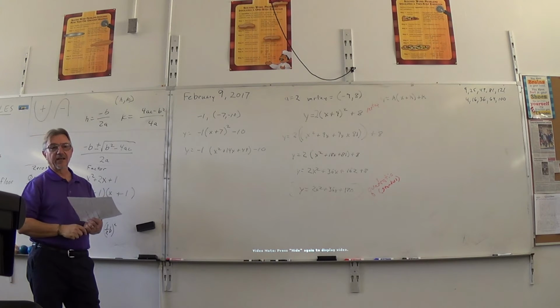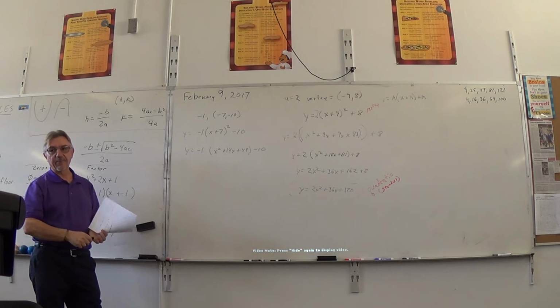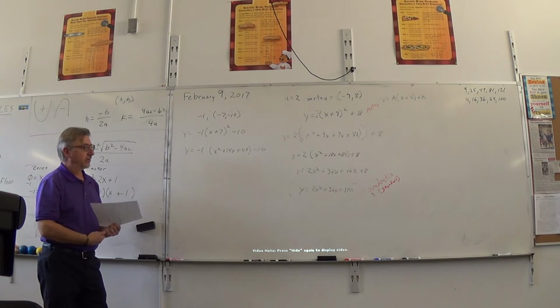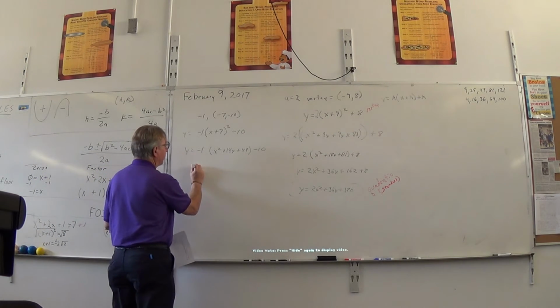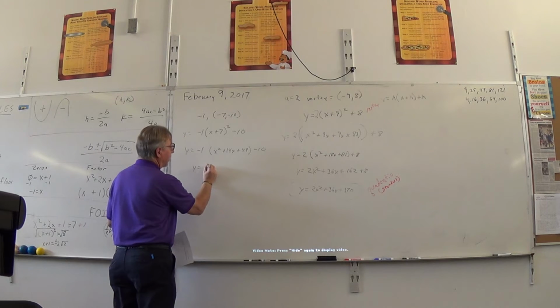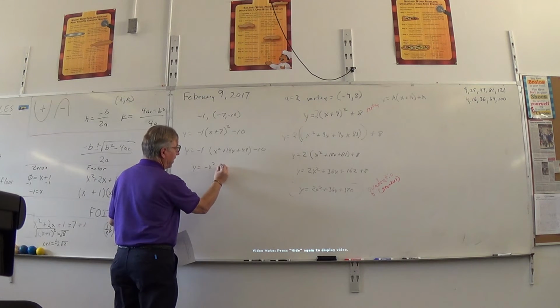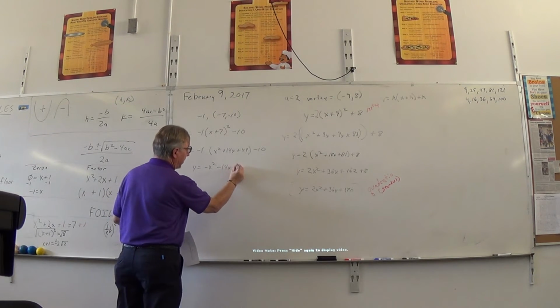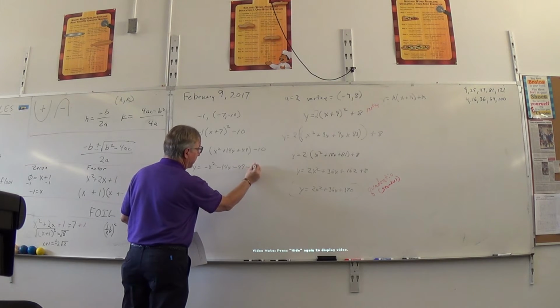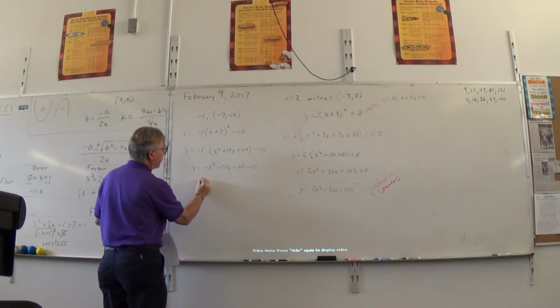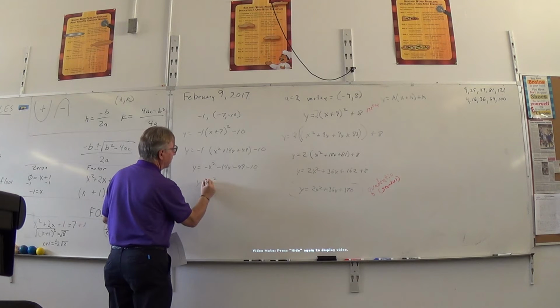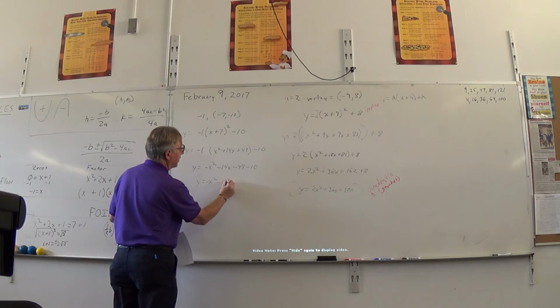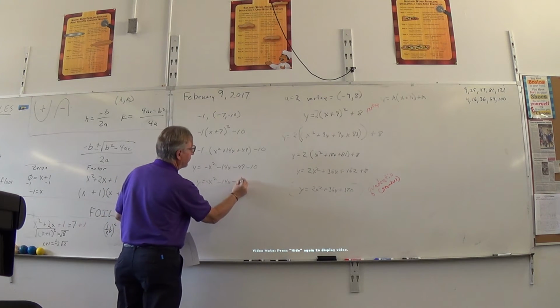And then because it was a negative 1, now I have to multiply that by negative 1. So I have y equals negative x squared minus 14x minus 49 minus 10, which gives me a quadratic of negative x squared minus 14x minus 59.